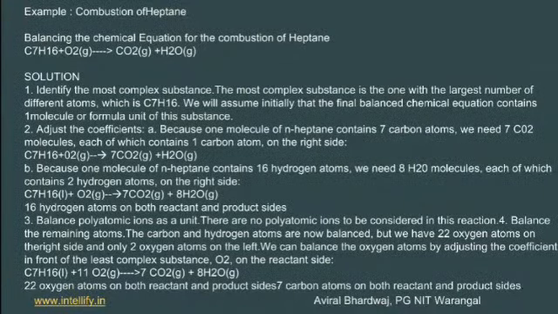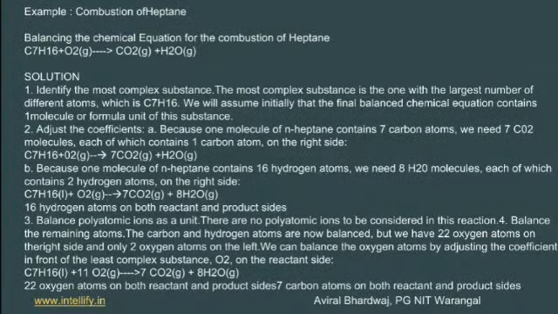Then balance the hydrogens. There are 16 hydrogens on the left and 2 hydrogens on the right, so balance with 8 on the right side. And at last, oxygen. Oxygen on the left side is 2, and on the right side is 2 plus 8, which is 10.